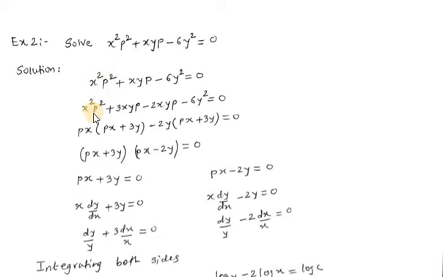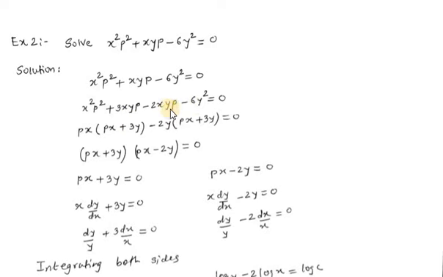So first term x square p square will be as it is, minus 6y square as it is, and splitting 1xyp as plus 3xyp minus 2xyp. Now taking px common from these two terms, in the bracket we have px plus 3y.